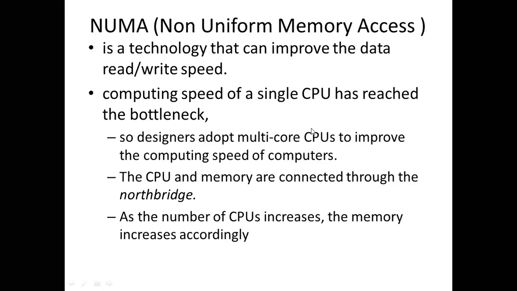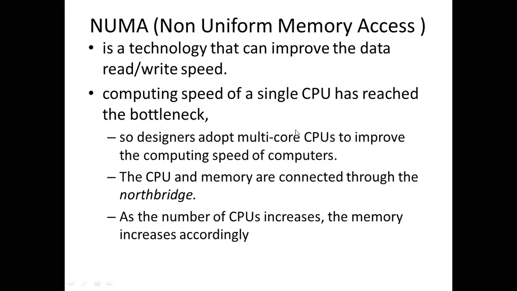So computer designers or PC designers have ensured that each PC has more than one CPU core to improve speed. Right? So normally, the CPU and memory are connected through the north bridge.